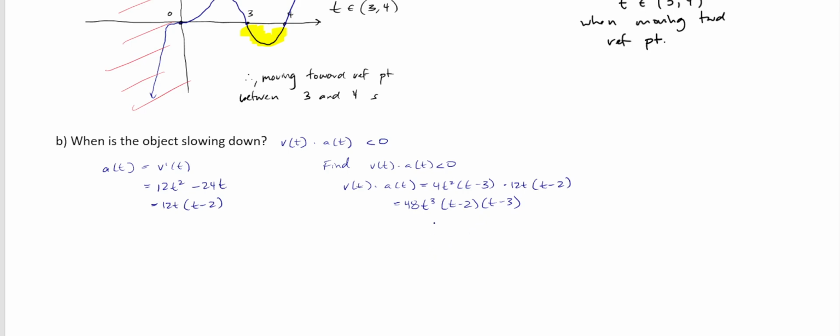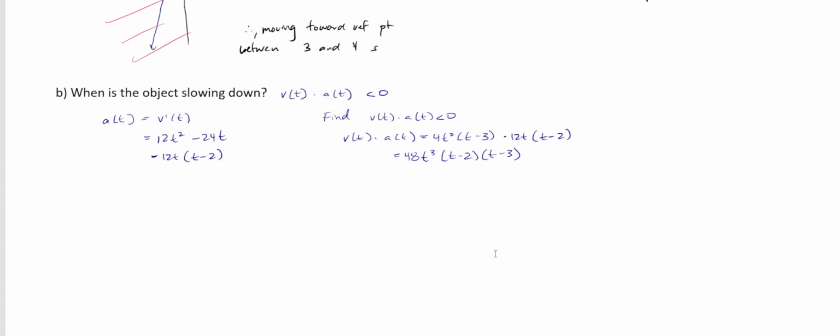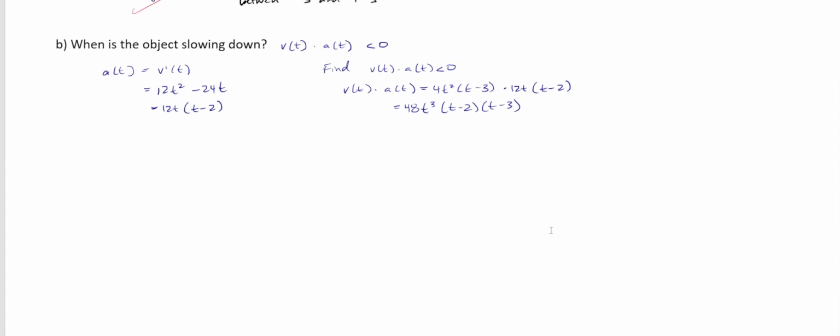Again, my preference is to graph this and look at when the graph is a negative number. So I'll give you a second to try that out on your own. See if you can do this quickly. You'll see that it is, in fact, odd degree again. And how do I know it's odd degree? Well, it's t cubed times t, so that would be overall t to the power 5.